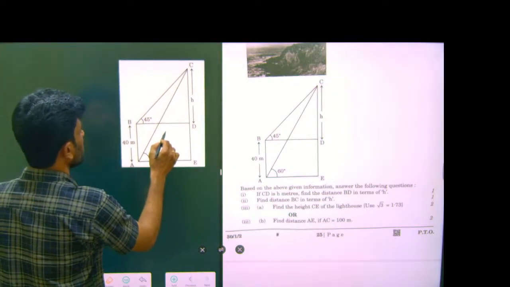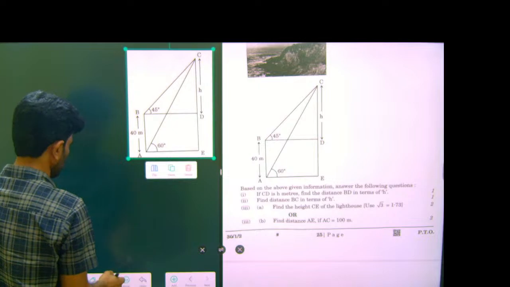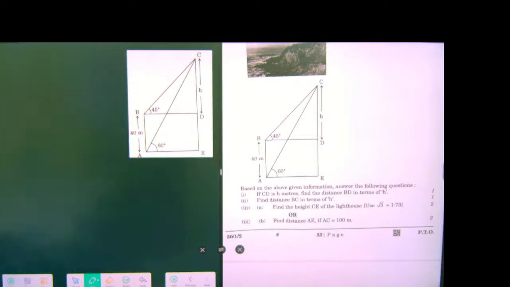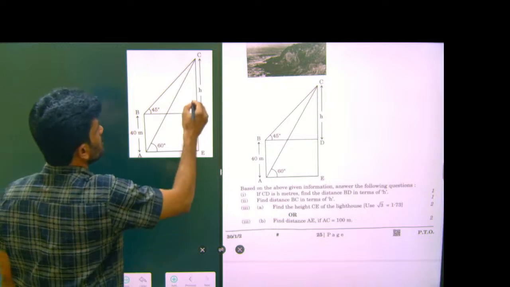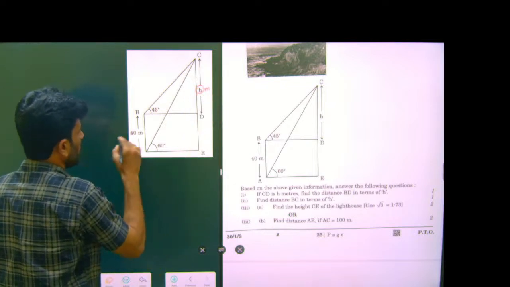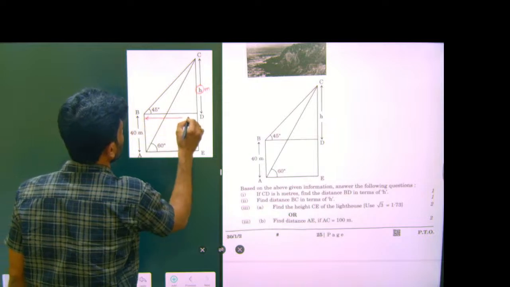CD is given, h meters here, and they are asking to find out BD.